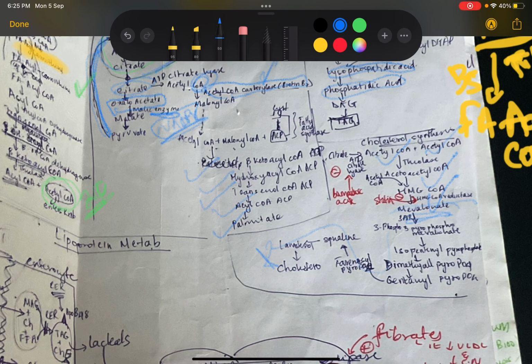Now, why we are going into the depth of these reactions is because this HMG CoA reductase, this very important enzyme that we have out here, this badass enzyme that is giving rise to such high levels of cholesterol, can be directly inhibited by something like a statin.